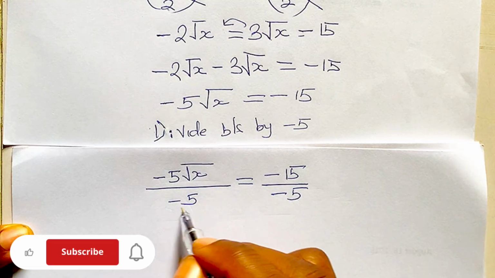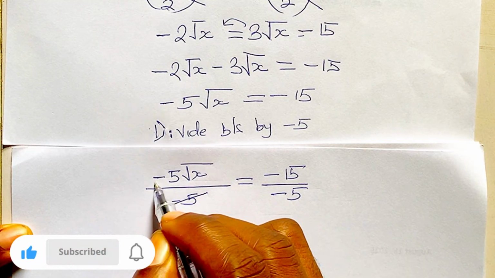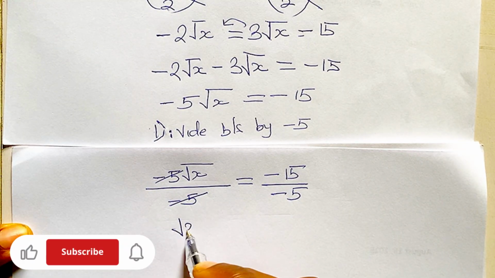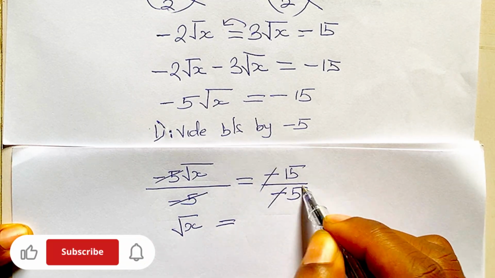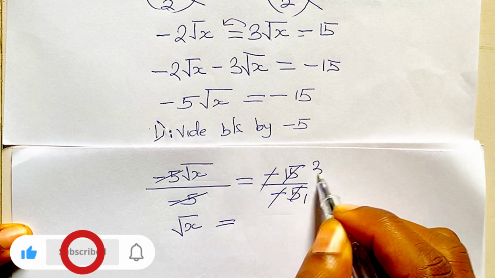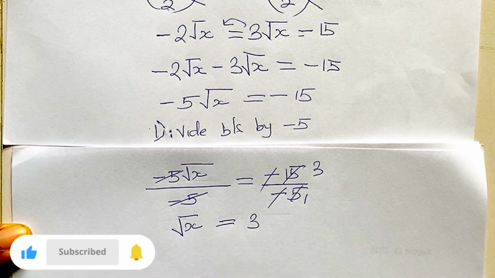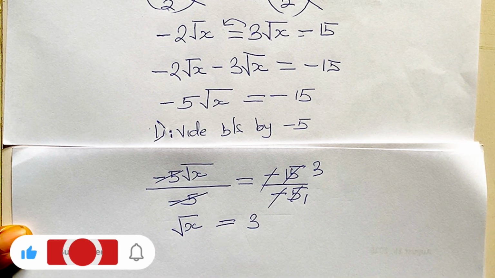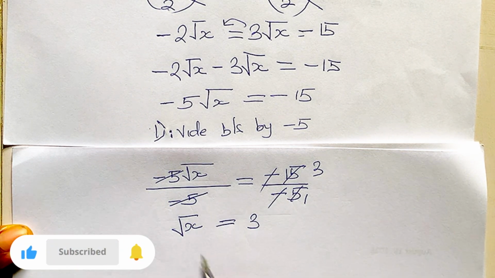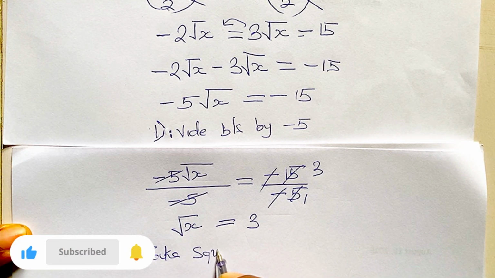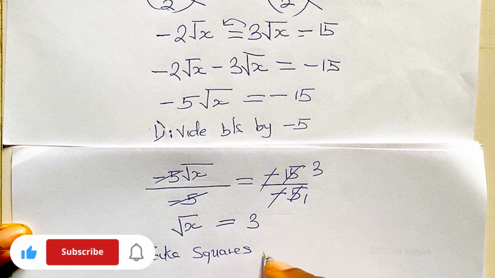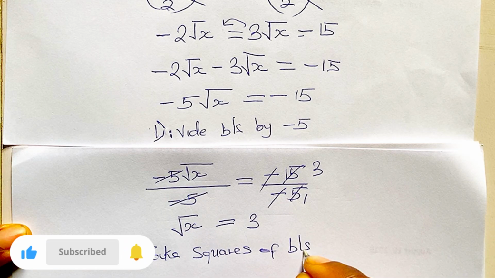So this −5 will cancel −5. We'll have √x equal to 15 over 5, which is 3. So √x = 3. The next thing is to take the squares of both sides.